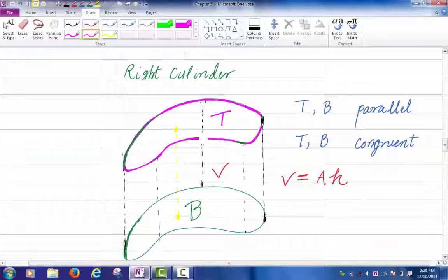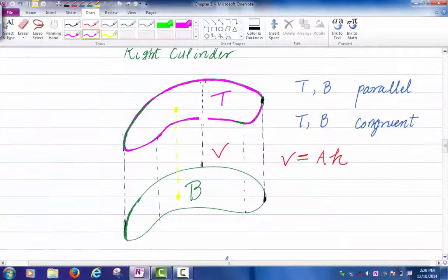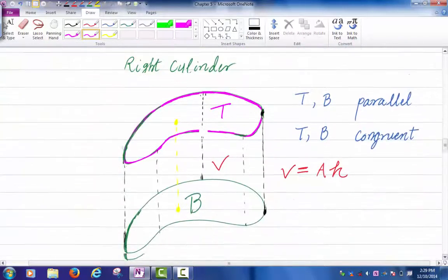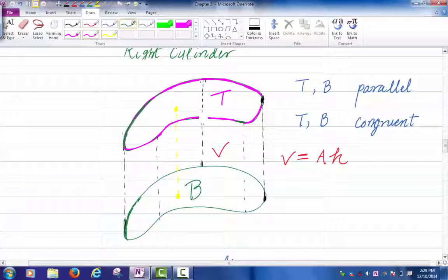Okay, before I begin, let me recall some things. What is a right cylinder? A right cylinder means a solid where the top and the bottom are parallel and congruent.